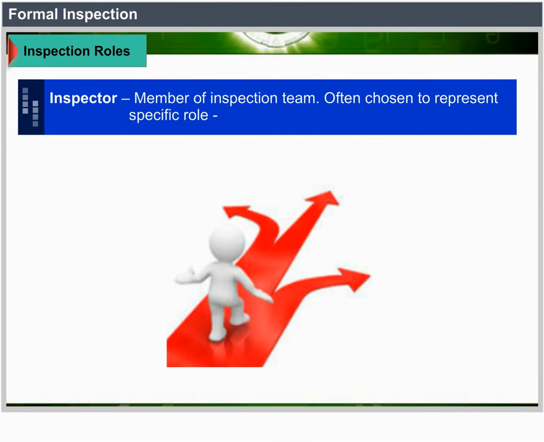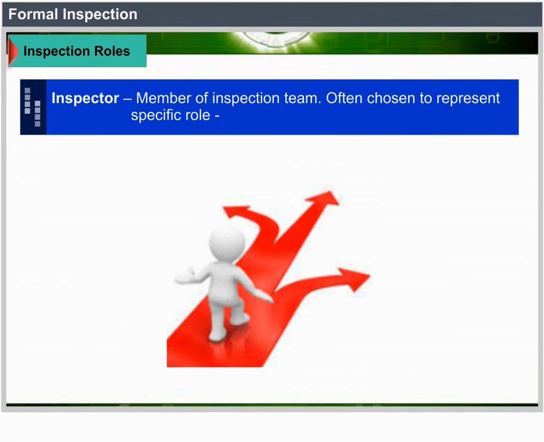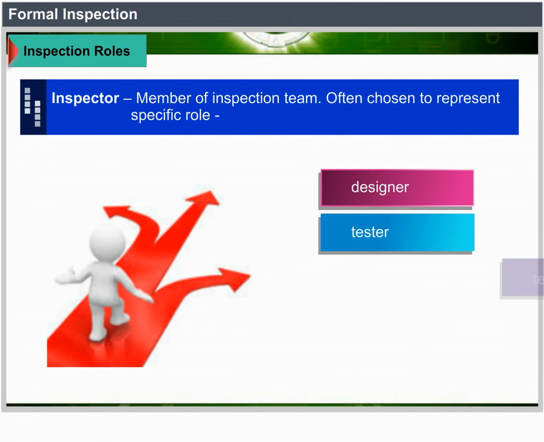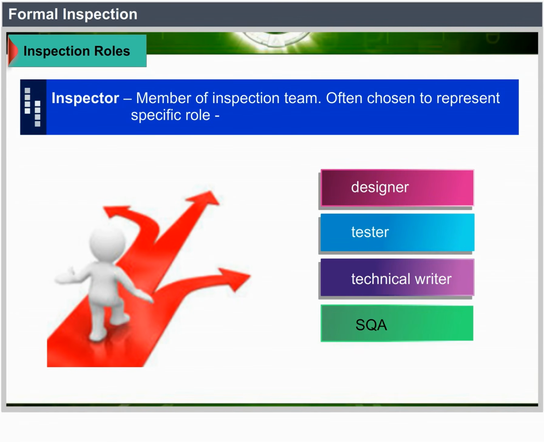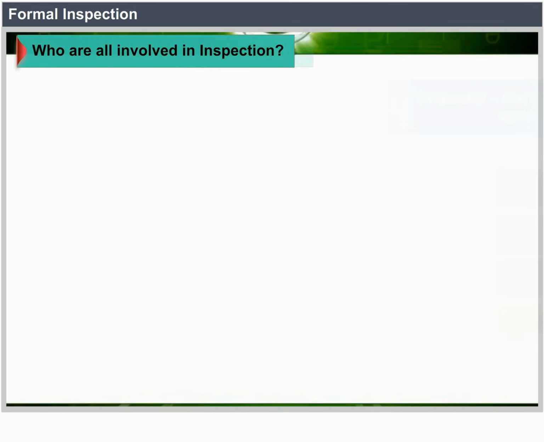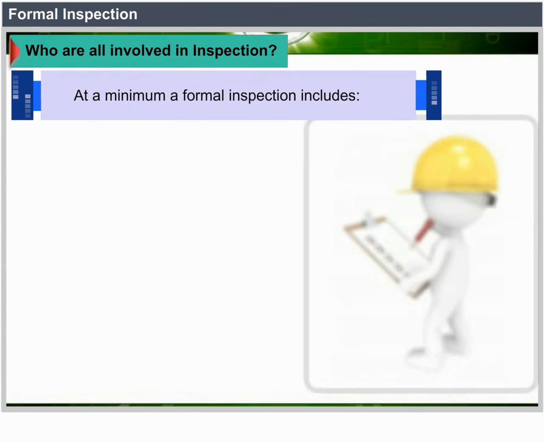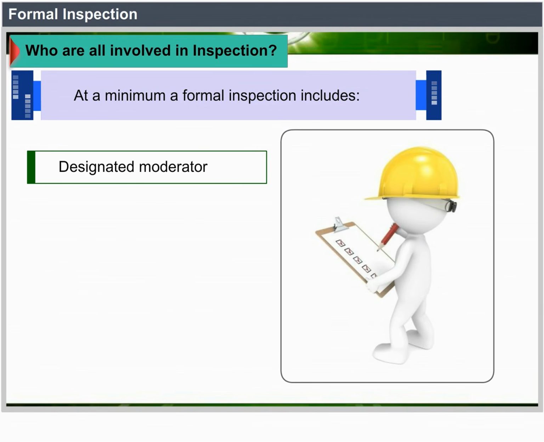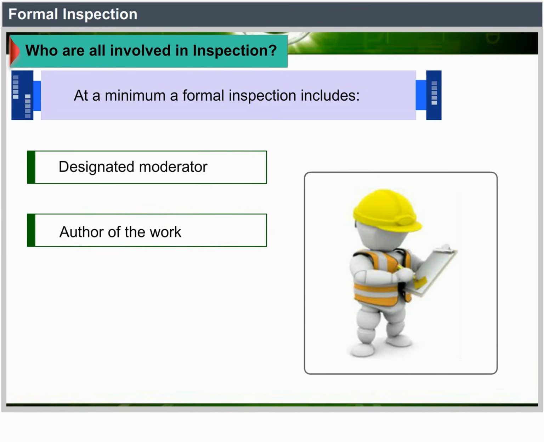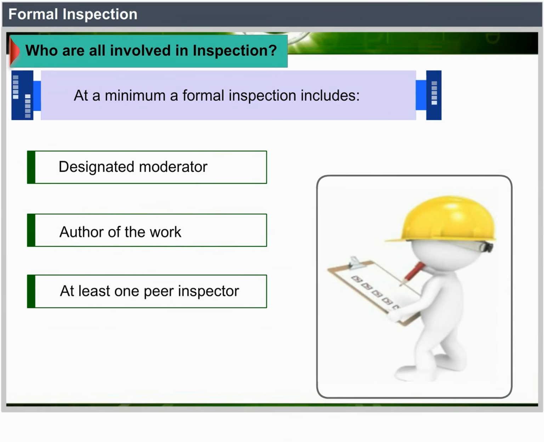Inspector, a member of the inspection team, often chosen to represent a specific role: designer, tester, technical writer, SQA, etc. Who is involved in inspection? At a minimum, a formal inspection includes a designated moderator, the author of the work, and at least one peer inspector.